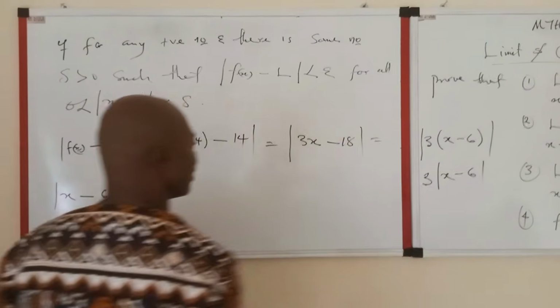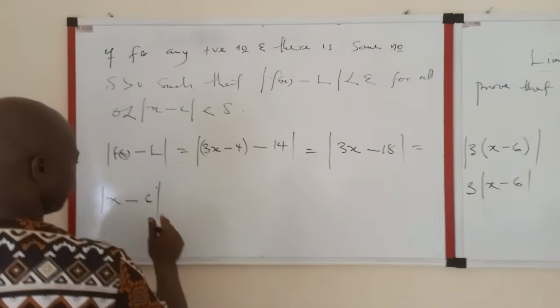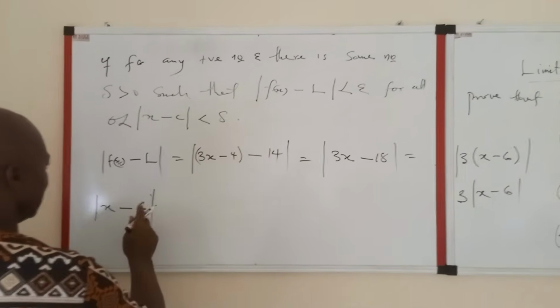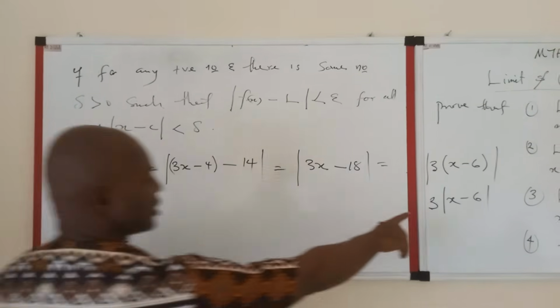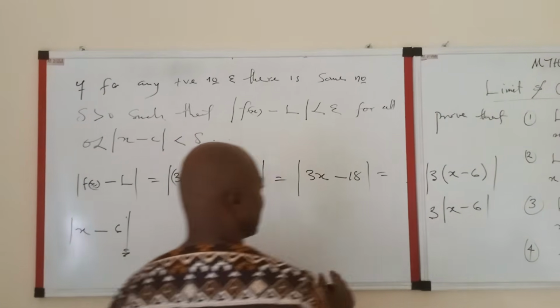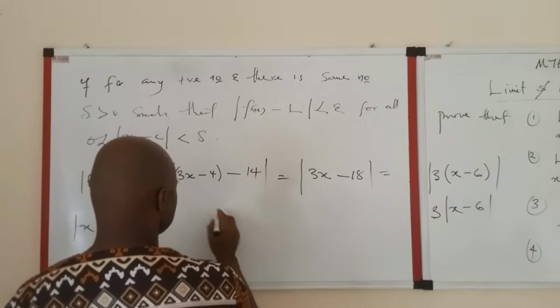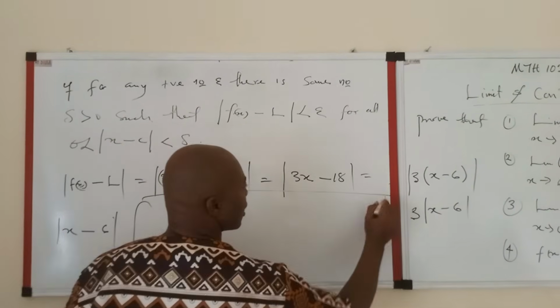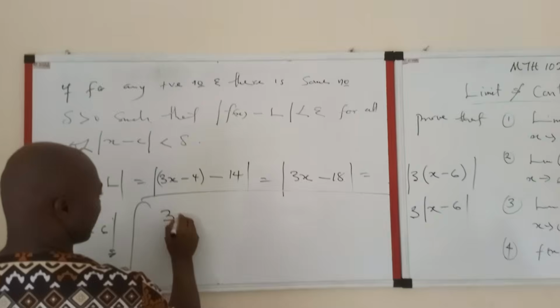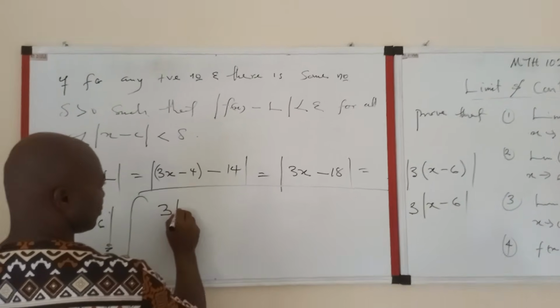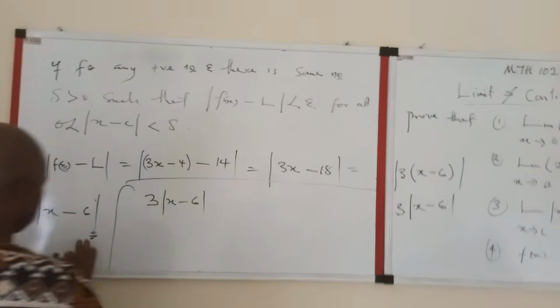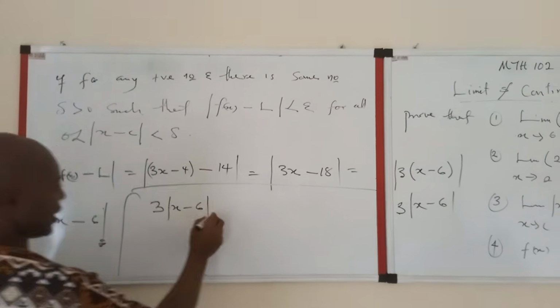So based on this, in place of that, we now have 3 times the absolute value of x minus 6, which is this one for the delta.